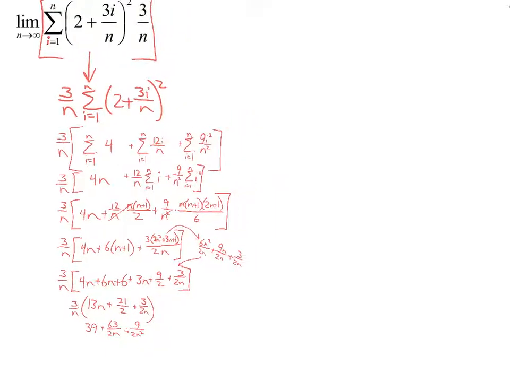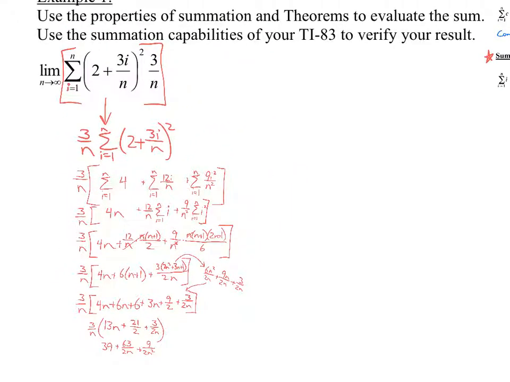That's a lot of work. But notice, now that I have that, this is going to equal the limit as n approaches infinity of 39 plus 63 over 2n plus 9 over 2n squared.